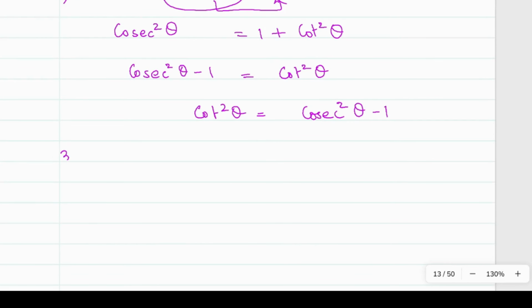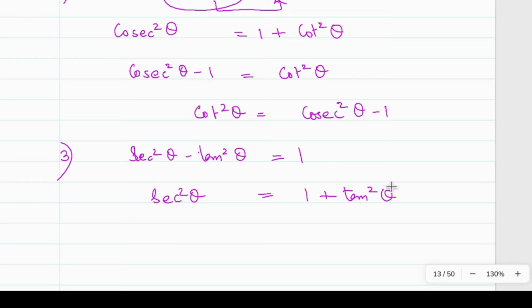Similarly, from the third equation also, I can frame two other equations. First one is sec² minus tan² equal to 1, right? This is our equation. From this one, I can write the value for sec²θ: sec²θ equal to 1 plus tan²θ. Tan²θ is equal to how much?